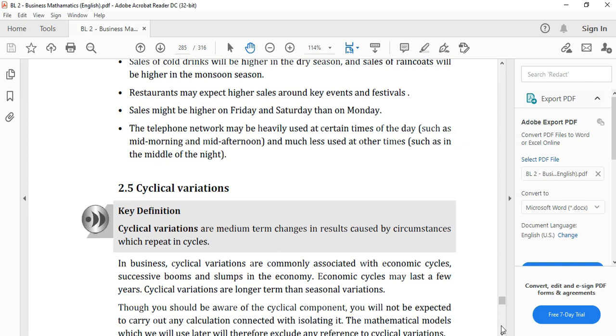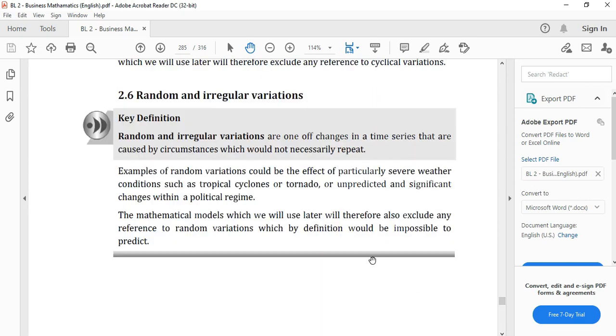But if they are in a recession, or what we call a slump, then they are in a negative variation. That variation is called cyclical because it comes in cycles, since an economy is not always favorable. It has its ups and downs, and since those come rotationally, we call it cyclical variation. We don't have to calculate anything for this variation, so just knowing the definition is enough.